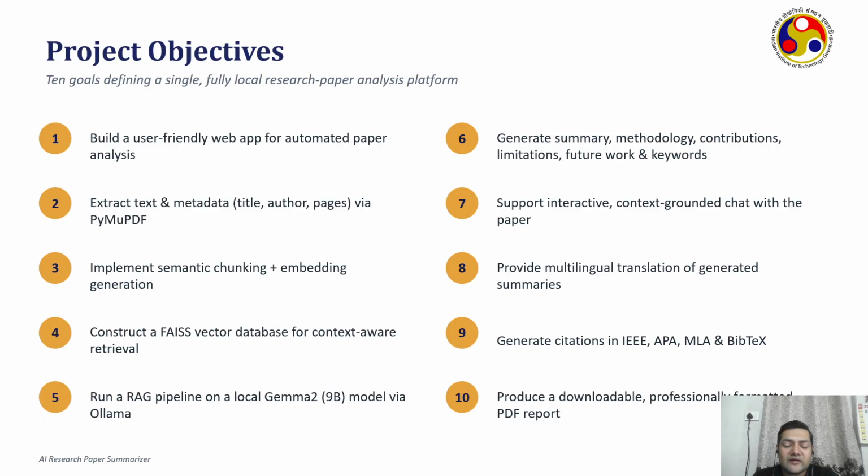A RAG pipeline retrieves only the most relevant information before passing it to the Gemma2 language model. In addition to question answering, the system can generate executive summaries, explain methodologies, identify contributions and limitations, suggest future work, extract keywords, translate summaries into multiple languages, generate citations, and produce downloadable PDF reports.